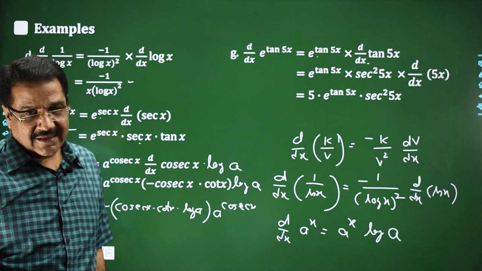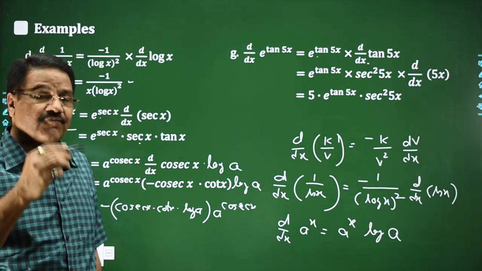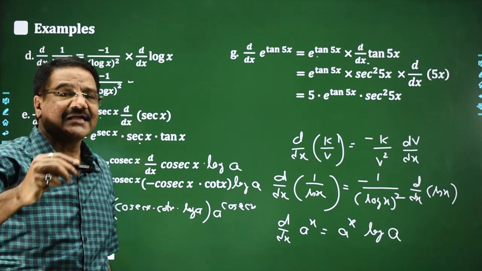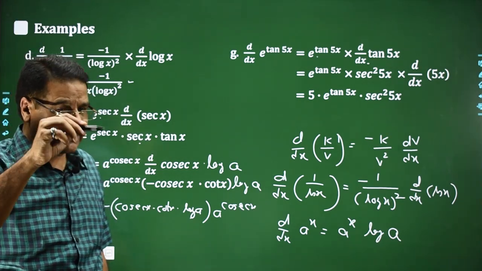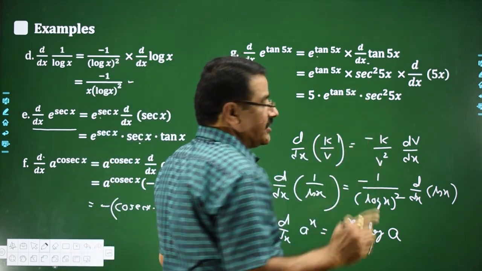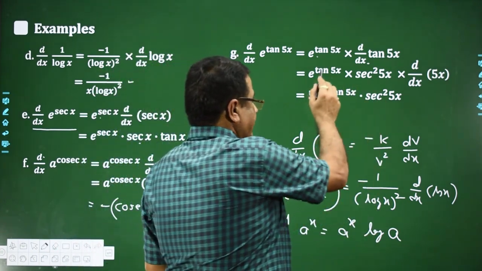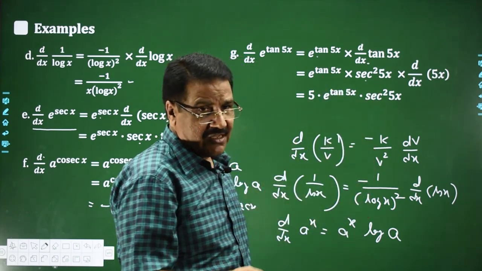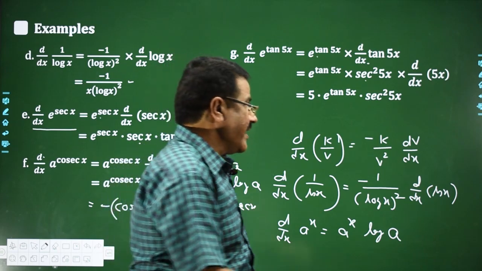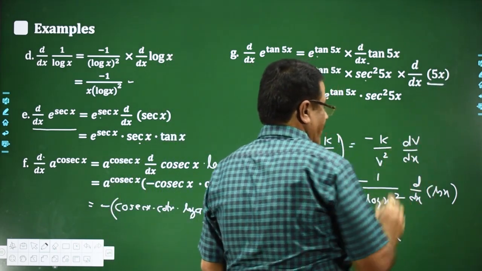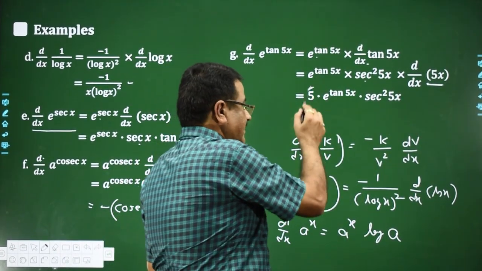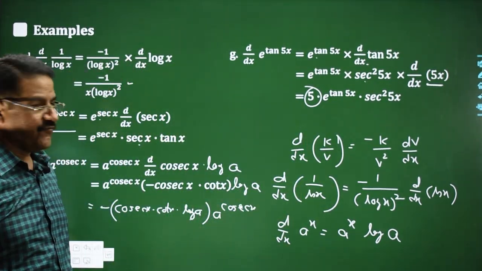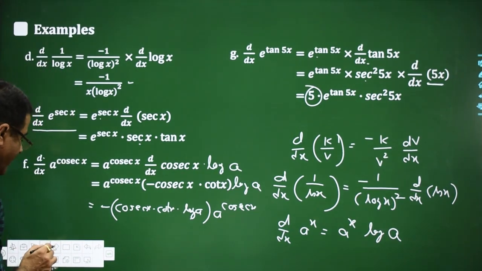Now, observe that there is a composite relationship one more time, because e is raised to tan and inside tan there is 5x, not only x, and that is why we have to use the chain rule twice, that is e raised to tan 5x, sec square of 5x is the derivative of tan, and again since 5x is present inside sec square, we have to take the derivative of 5x as well, and that is nothing but 5. So, the final answer is 5 into e raised to tan of 5x into sec square of 5x.